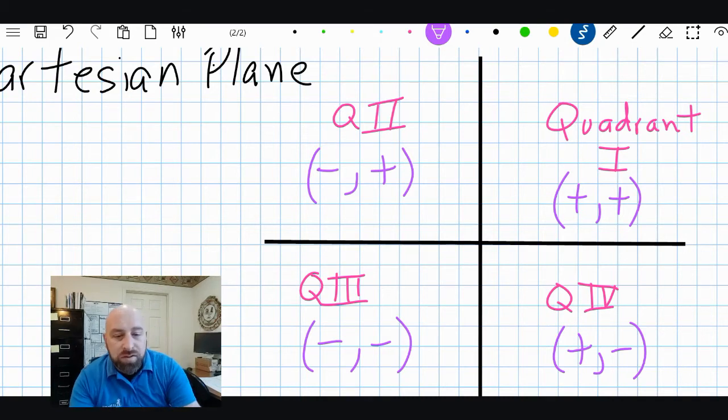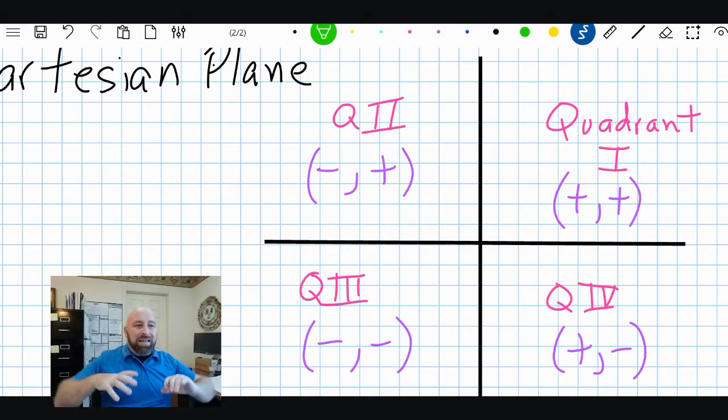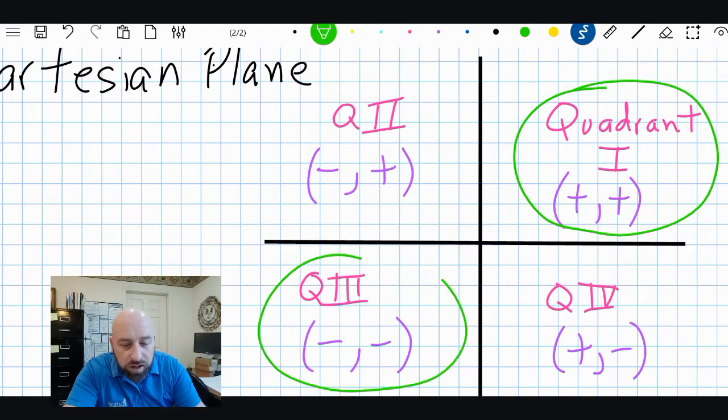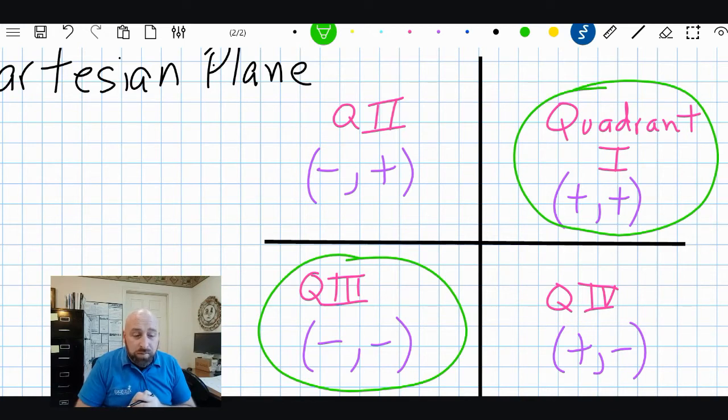Now I want to show you something that doesn't really impact you at the moment. This is going to impact you later. But these 2 quadrants, quadrant number 1 and quadrant number 3, are positive quadrants. Okay, some of you are thinking, you have lost your mind because quadrant number 3 is negative.